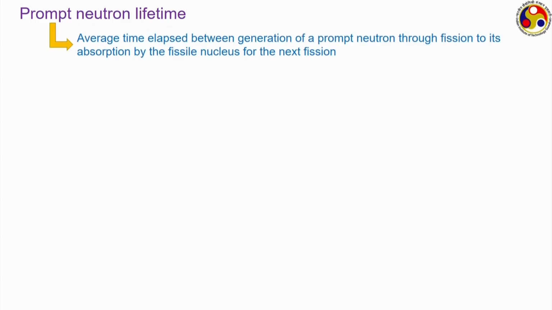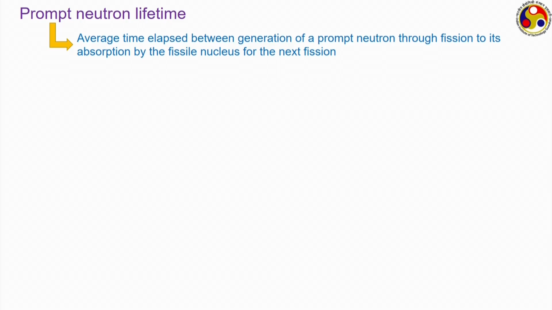Now let us define the prompt neutron lifetime. Prompt neutron lifetime is defined as the average time elapsed between the generation of a prompt neutron through fission and its absorption by the fissile material for the next fission. That is, the moment a prompt neutron appears from a fission reaction, we start calculating this lifetime.